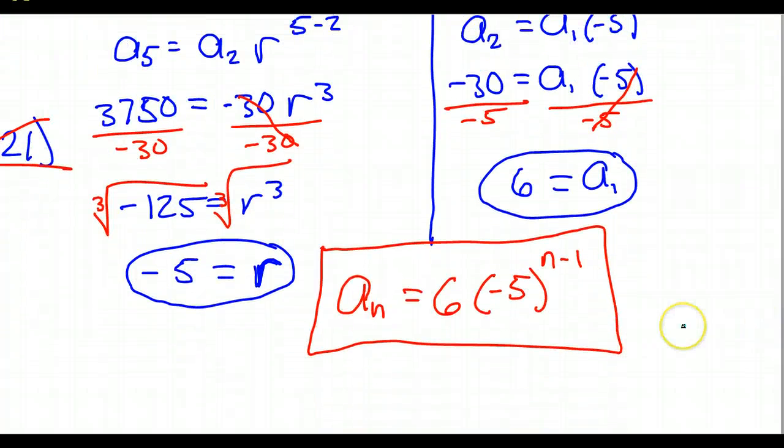Now let me mention one more thing before I sign off of this video. It always is good to have a way of checking your answer. So you might be asking yourself, how could I check my answer? Here's how you check your answer. Use the table function of your calculator and get a table going using the rule that you just found.